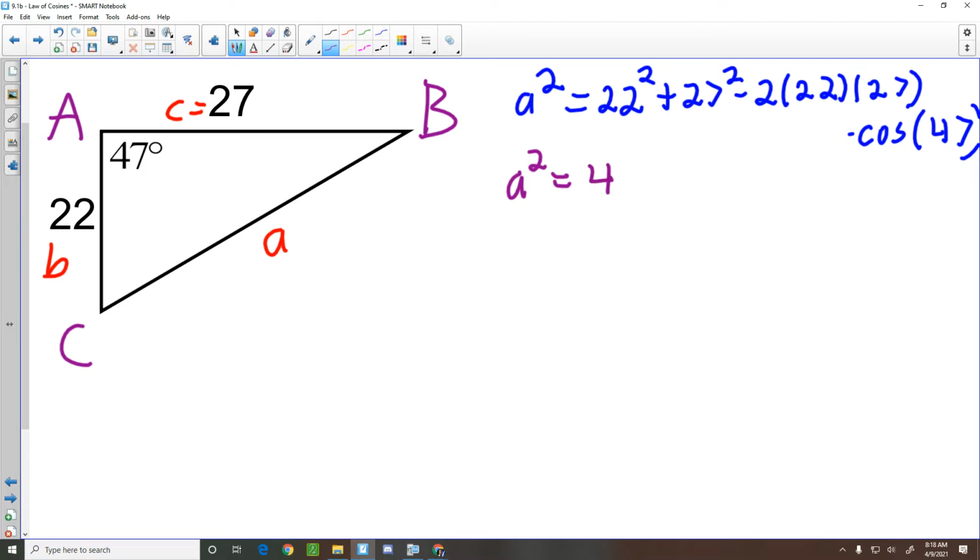I get like 402.7859. Last step, square root, second answer. And I got A to be approximately 20.07. Anybody else get that for A? Right around 20? Nice. Good work. Very good work.